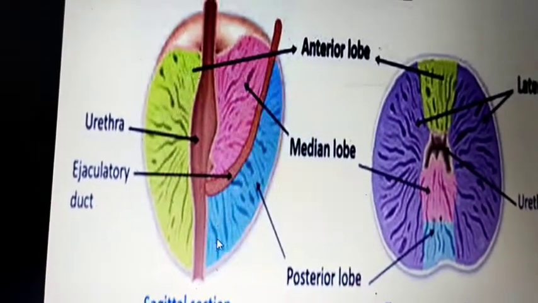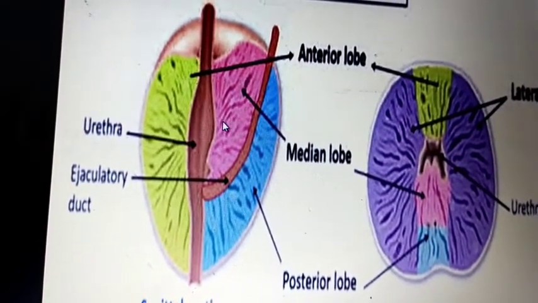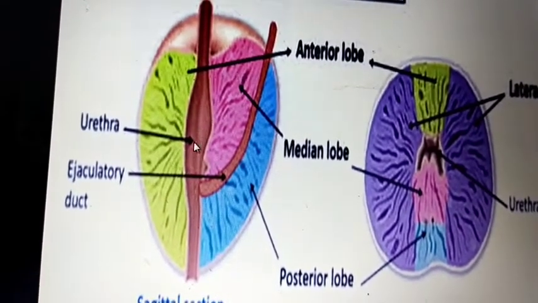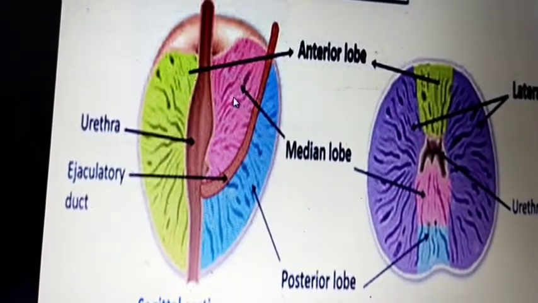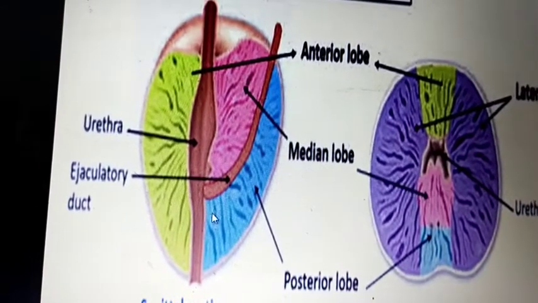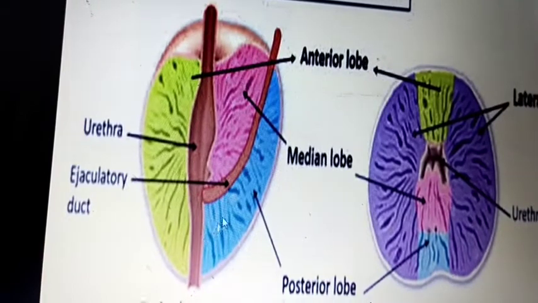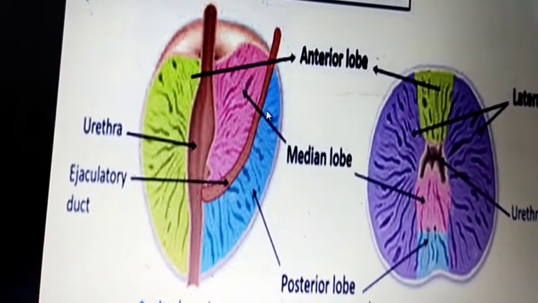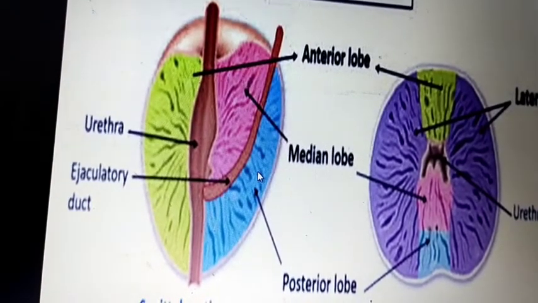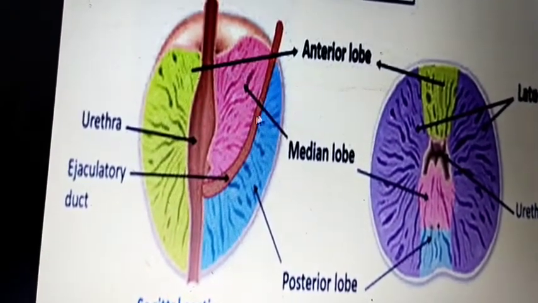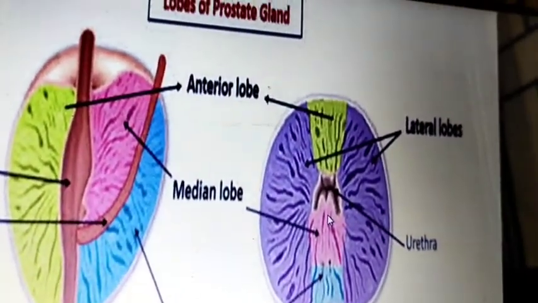What is present just posterior to the urethra, covering the prostatic urethra, is the median lobe. Below the median lobe, or posterior to the median lobe, is the posterior lobe. The ejaculatory duct passes between the median and posterior lobes. In this picture you can clearly understand.